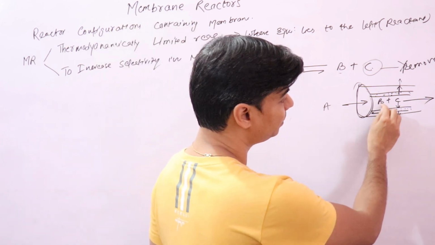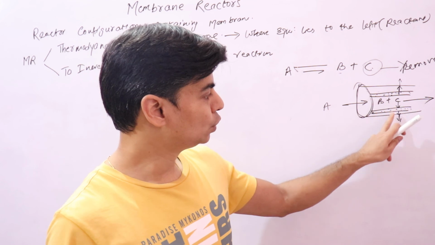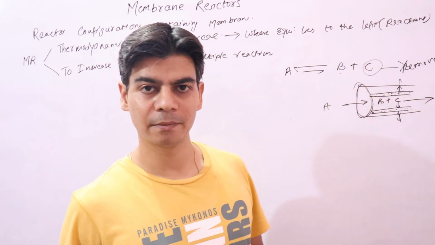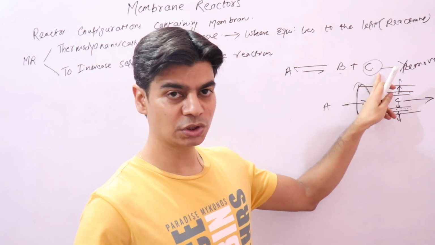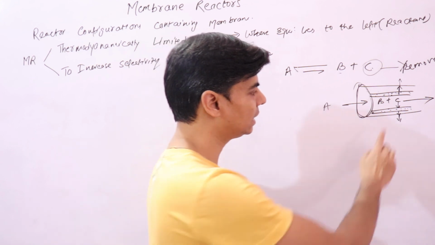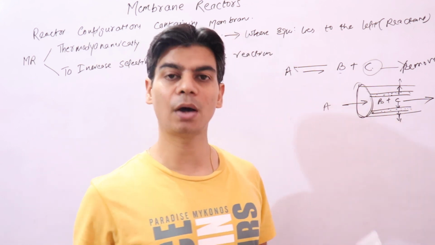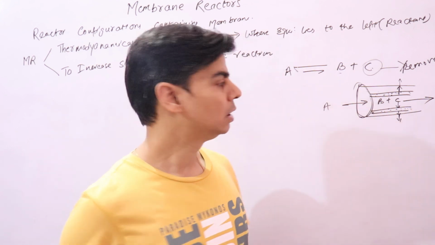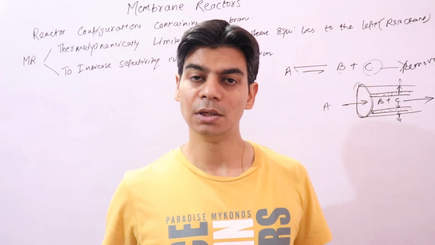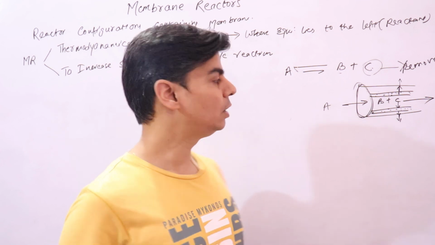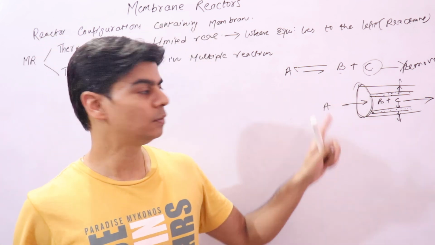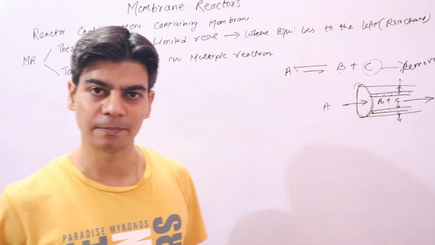Now what is left is B, right. So using this membrane you have removed C, now you have B, and B has no C because C has already passed through this membrane out of the reactor. Now you don't have C, so the reverse reaction will give you A. So the equilibrium will not lie towards the product, it will lie towards the reactant side only, right.